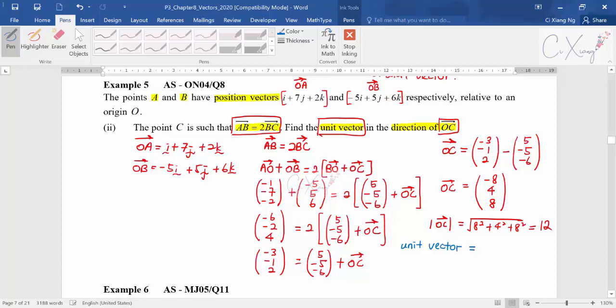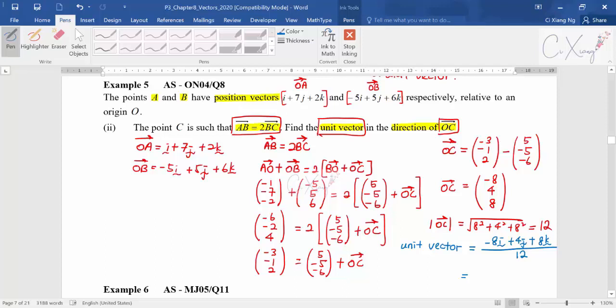So what's the unit vector of OC? You write out the original vector of OC, which is -8i plus 4j plus 8k, divided by the magnitude, which is 12. Then you separate everything, the ijk, and simplify the values.